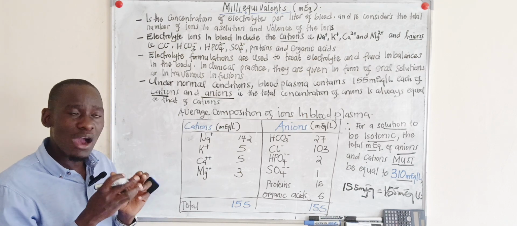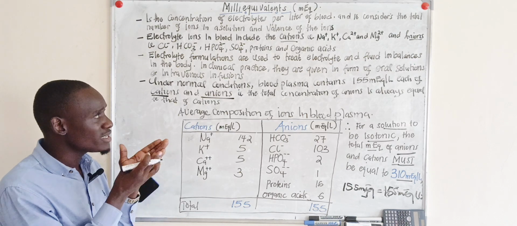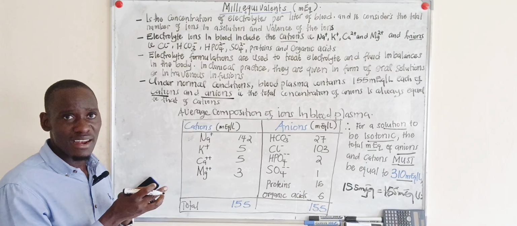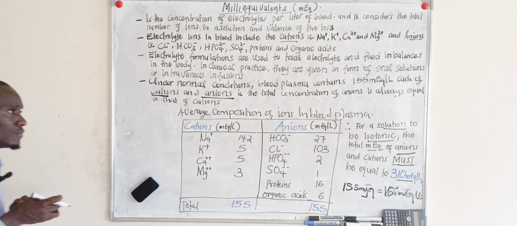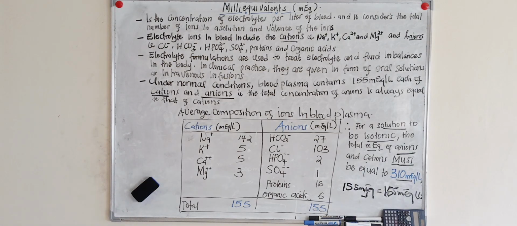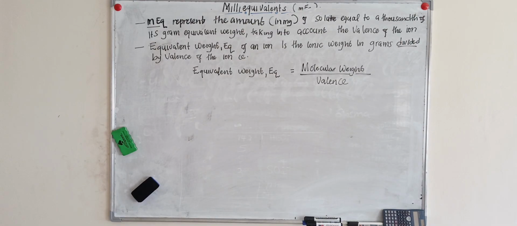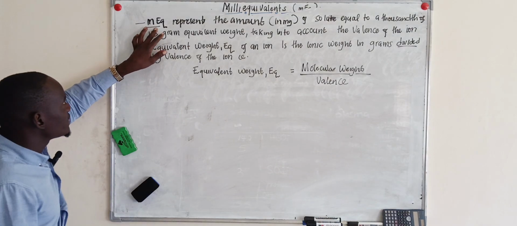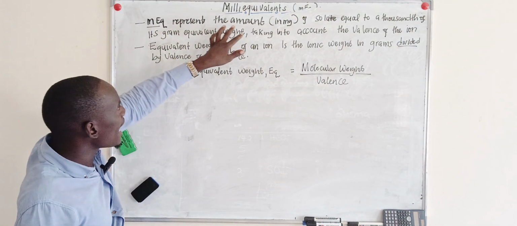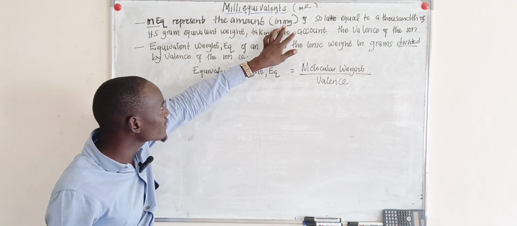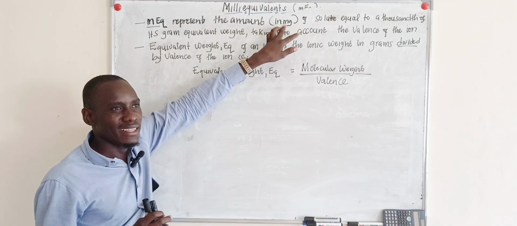Then we shall see how we can solve any questions concerning milliequivalents. Therefore, milliequivalent represents the amount in milligrams. Don't forget that.